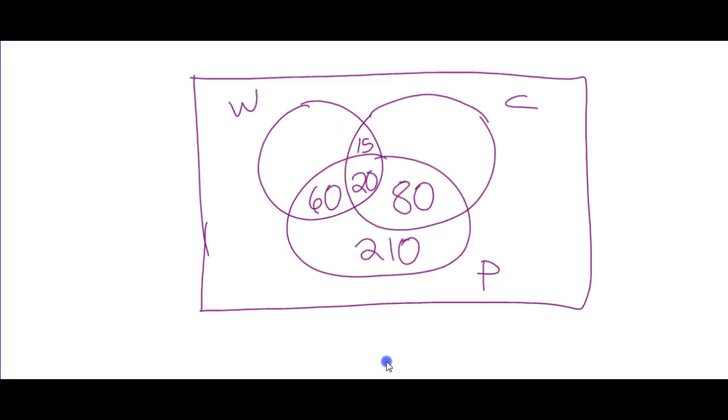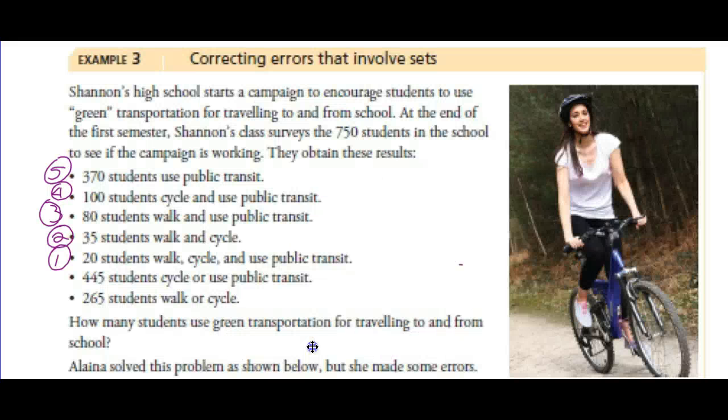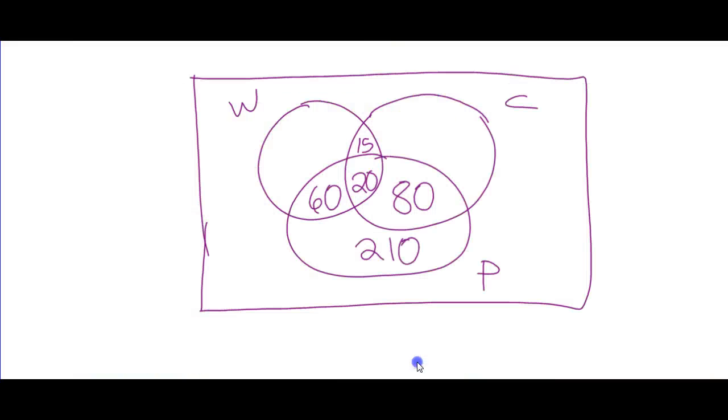So we basically just have to add up all these numbers. There's 100, 310, 370, 385, and we need to have 445. So that's 60. If we add up all of those numbers on the board right now, it should add up to 445.